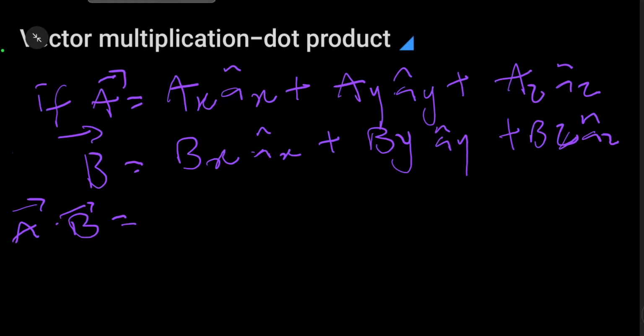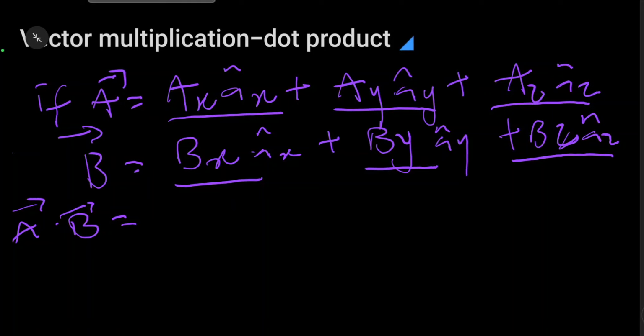So this multiplying this, from my previous video, I made it clear that this will multiply this, and this will multiply this, because they are of similar components.